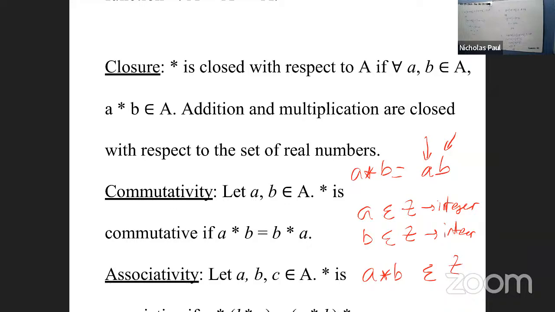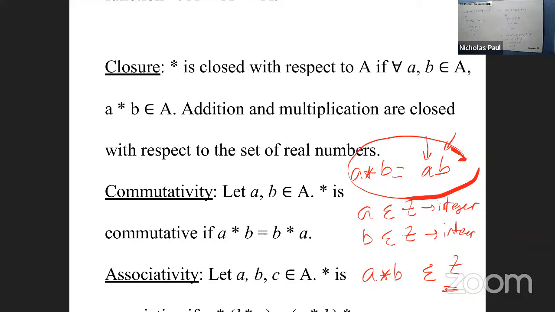Very good. So it means that A star B is an integer as well. So it means that this operation is closed. That's okay? So when you perform the operation, if you always get integers, then it's closed. They all have to belong to the same set: A, B, and the operation.